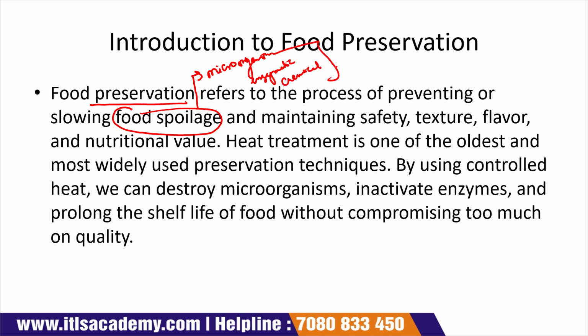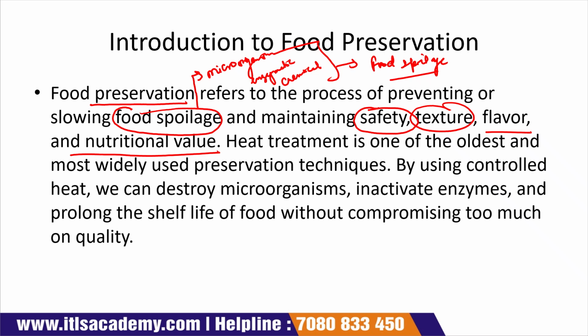All these three factors are responsible for food spoilage. Now what we have to do is prevent or slow down that spoilage, and that is known as preservation. We also have to maintain the safety of the food product, and its texture, flavor, and nutritional value should not be lost.